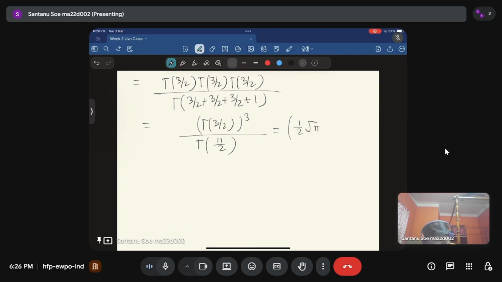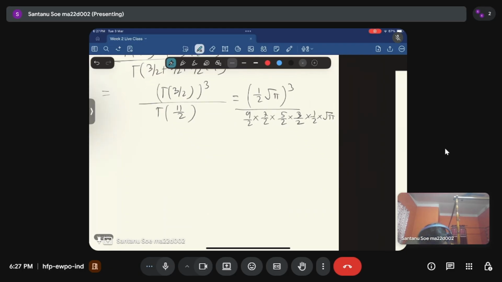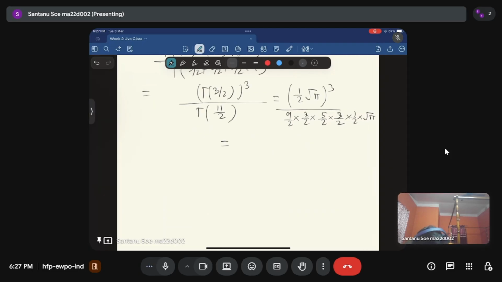So this is just, 1 by 2 root pi, because gamma of 3 by 2 is half gamma of half, and gamma of half is root pi. So this whole cube is divided by 9 by 2, 7 by 2, 5 by 2, 3 by 2, 1 by 2, and root pi. Correct? So this is going to be pi root pi by 8 into 2 to the power 5, so 32 divided by 9 into 7 into 5 into 3 into root pi.